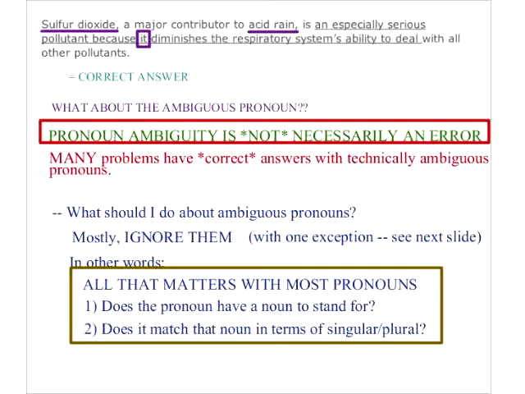The only time when you want to pay attention to pronoun ambiguity, let's introduce this on the next slide here.